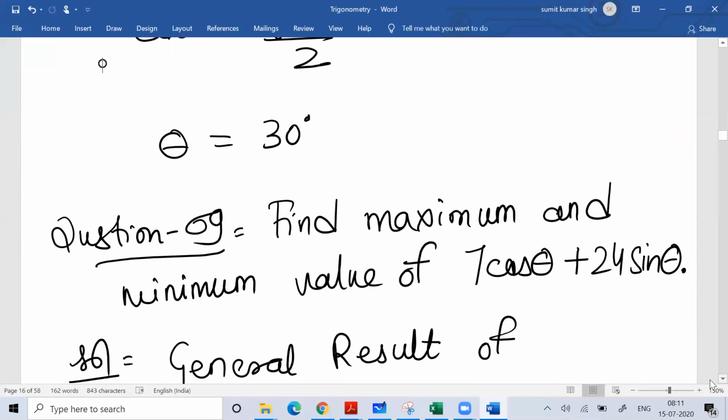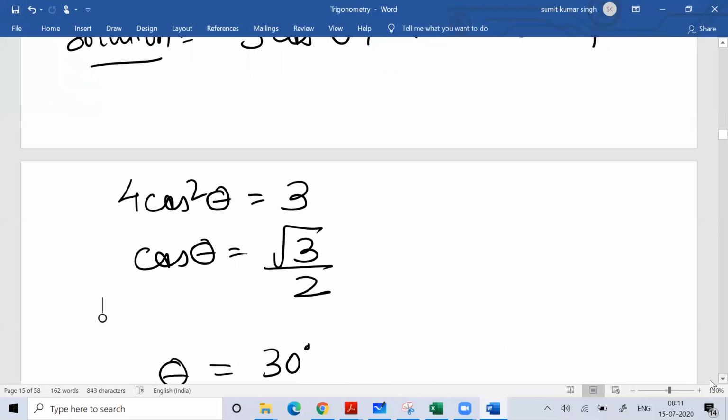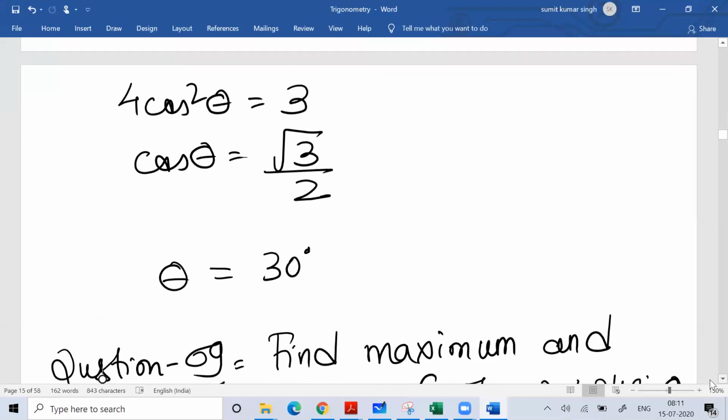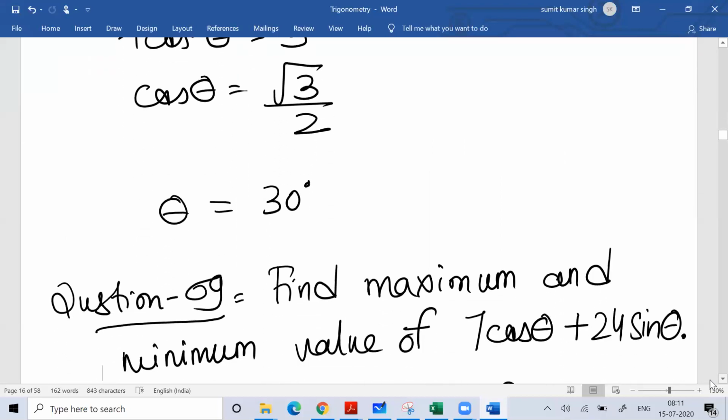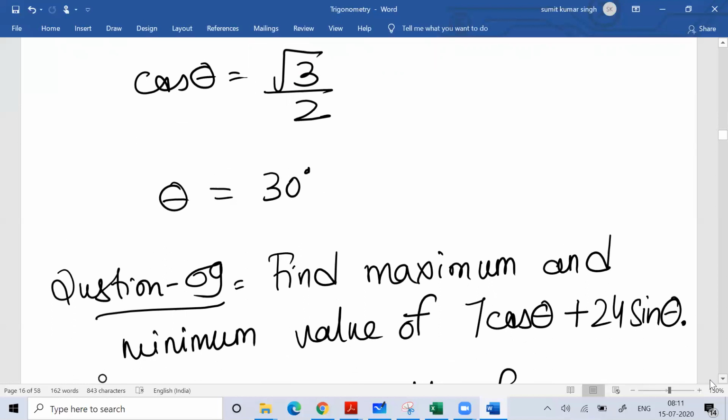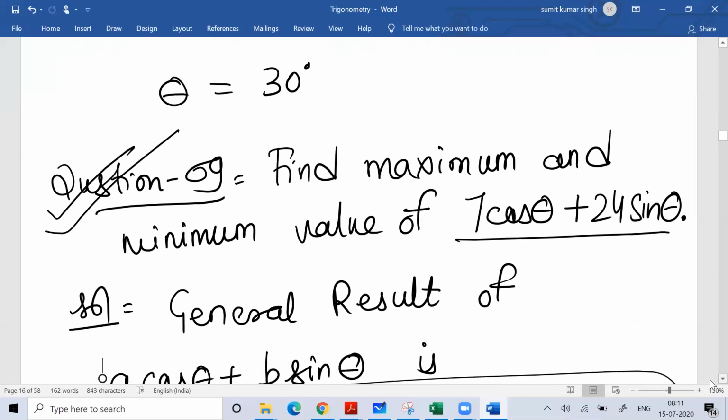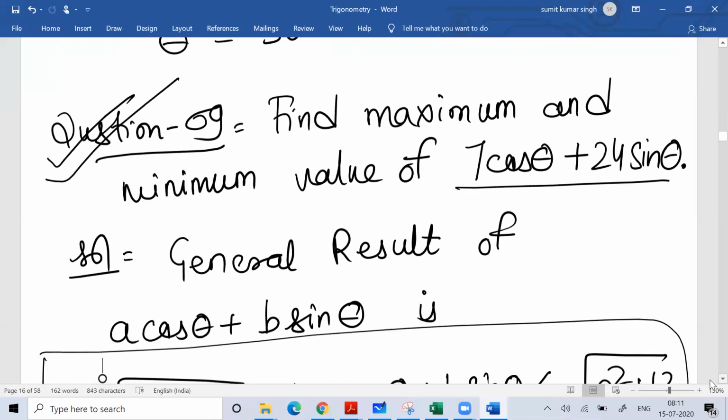Next question you can remember: find the maximum and minimum value of 7 cos theta plus 24 sin theta. This question is very important from the exam point of view. You can remember the generalized formula for A cos theta plus B sin theta.